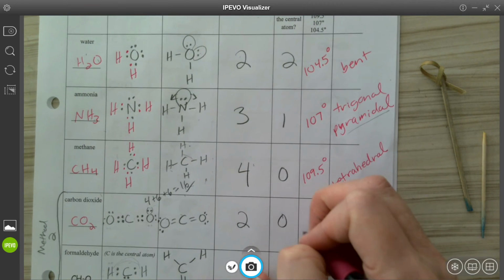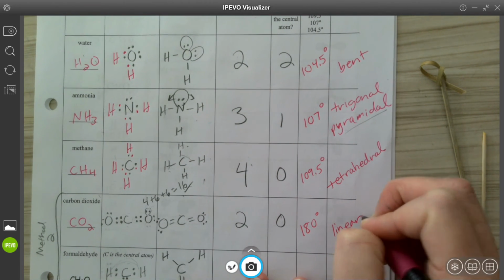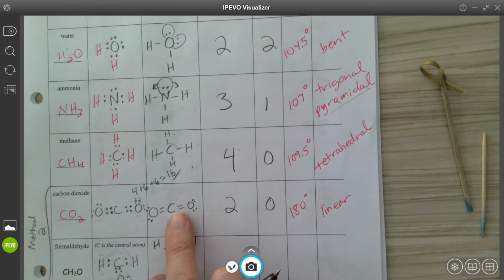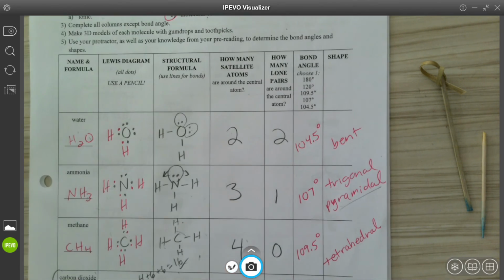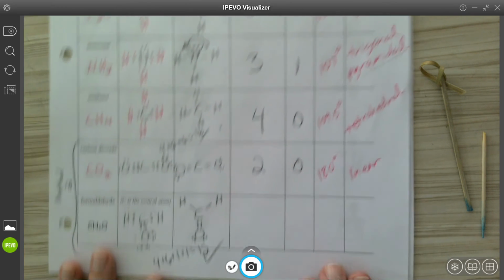So those will be 180 degrees, linear. Carbon dioxide is a linear molecule, whereas water is a bent molecule. Carbon dioxide being linear means it's nonpolar, and nonpolar is what leads to carbon dioxide being a gas. Being polar is what leads to water being a liquid.